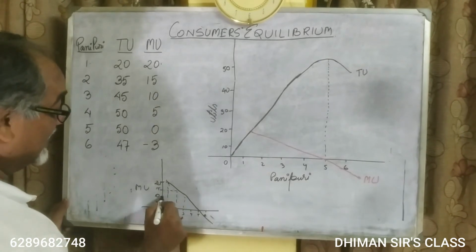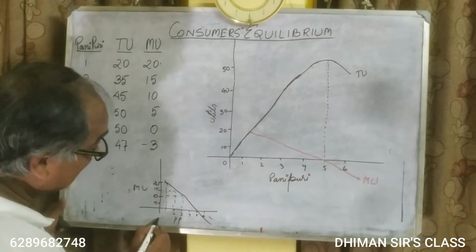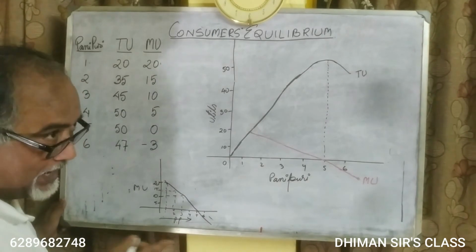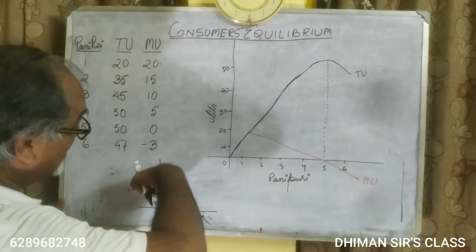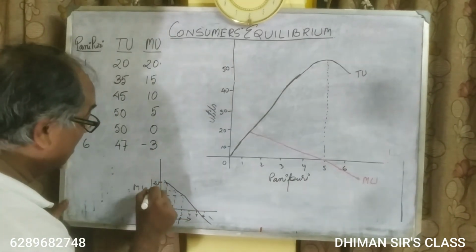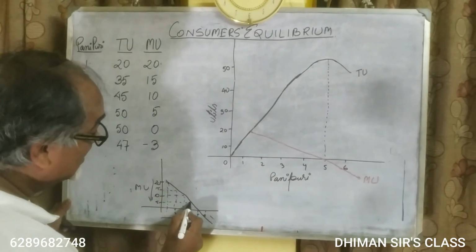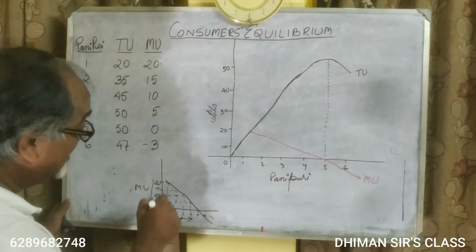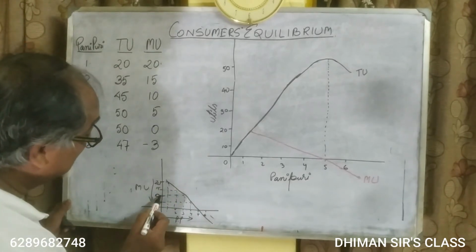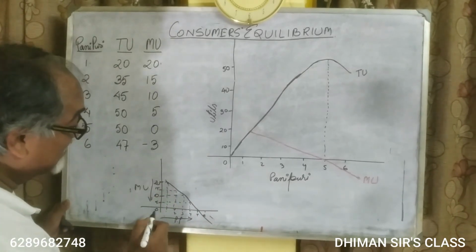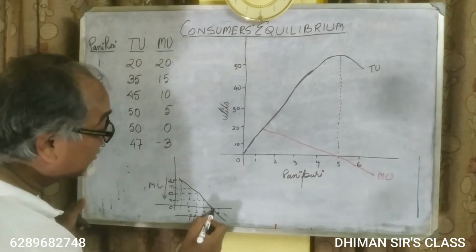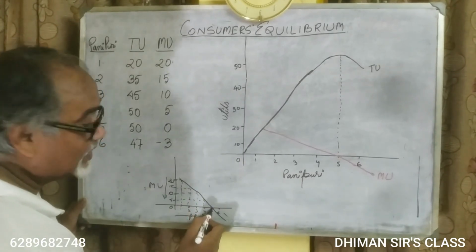For 3 units, it's 10. I am increasing one plate of pani puri, my marginal utility is decreasing. Okay, again 1 unit of pani puri increased, my marginal utility decreased from 10 to 5. And a time comes when my 5th plate, my marginal utility is 0.